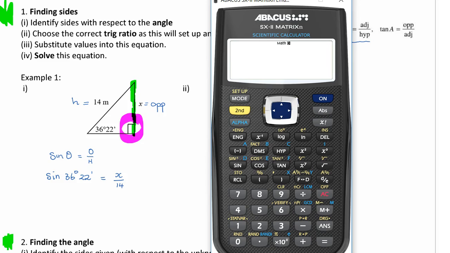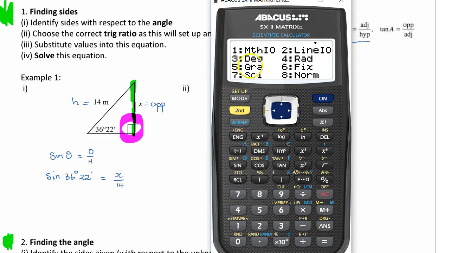When you go to your calculator, it's really important that your calculator has a little D in the screen, indicating that the angle you're measuring is in degrees. If you don't see a D there, then please know that you press second function, which accesses setup.